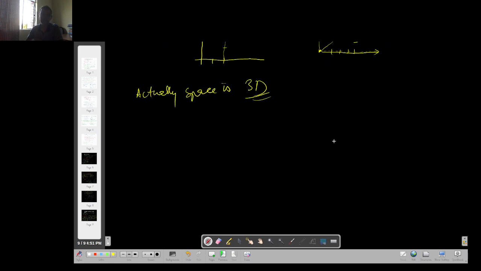A particle will be here, say it is the origin, this is the x-axis, this is the y-axis, and this is the z-axis. Say I move 3 steps along the x-axis and then 5 steps along the y-axis.